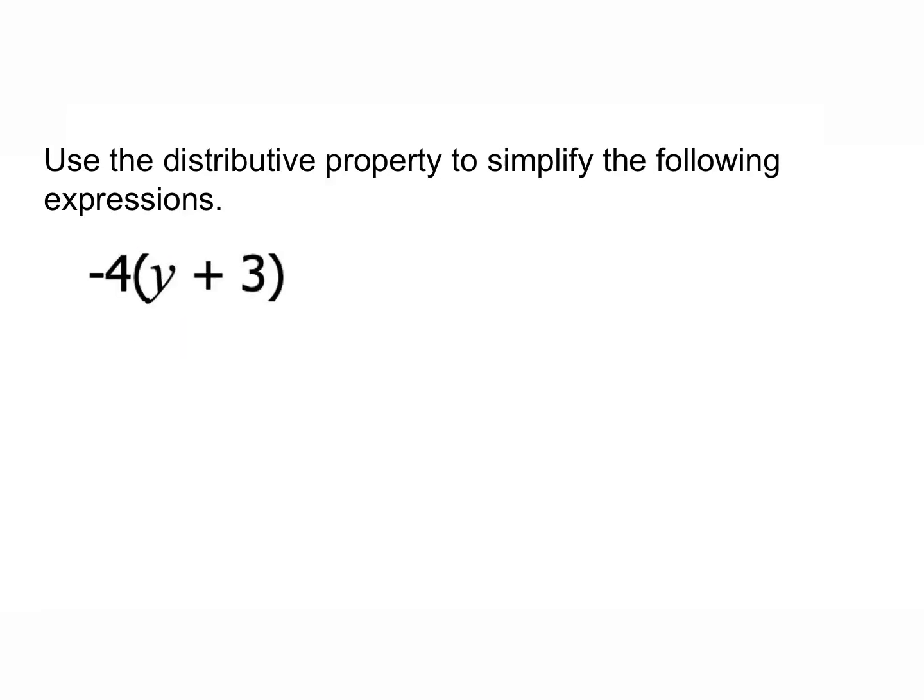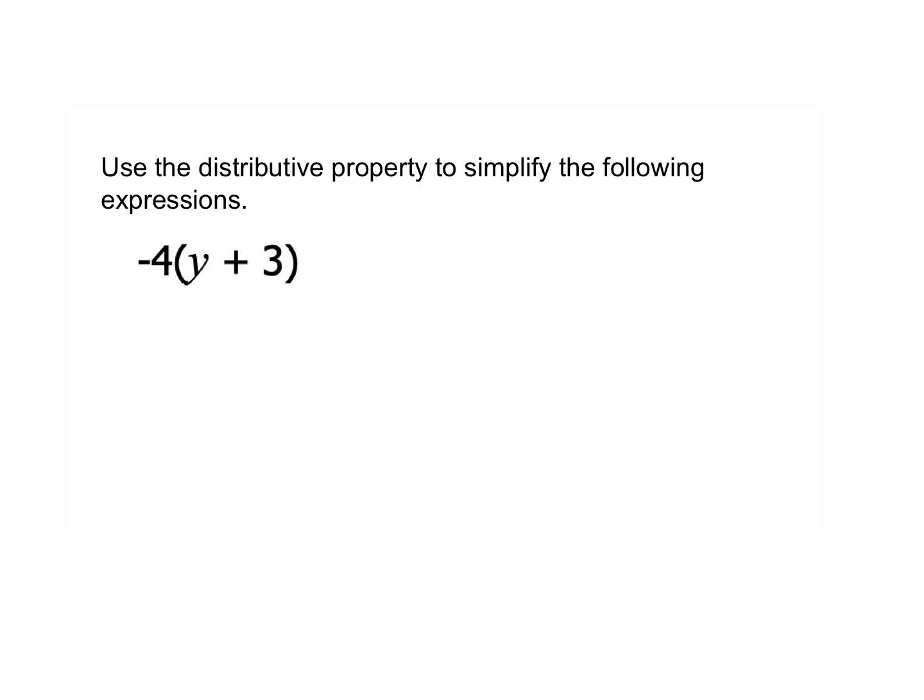All right, here we have negative 4 times y plus 3. This is one of those ones I'm talking about where the symbol before could get a little confusing. So we have this negative 4. We're going to multiply it by, but what I'm going to do is I'm going to keep the addition sign. I'm going to multiply it by y. And so negative 4 times y is negative 4y.